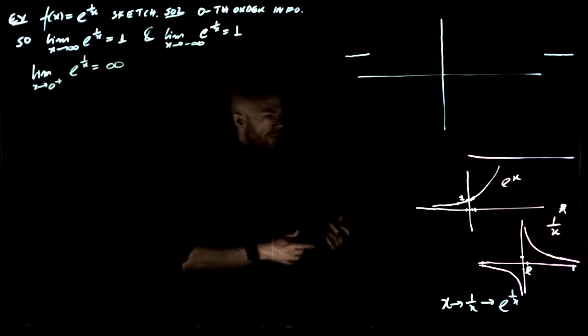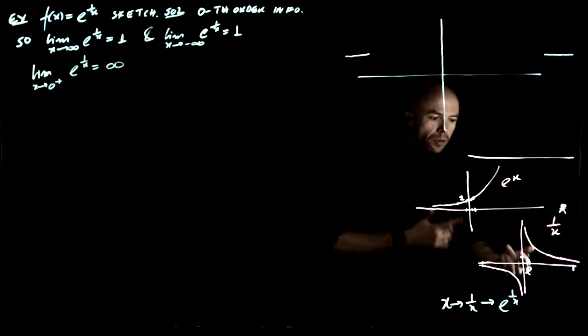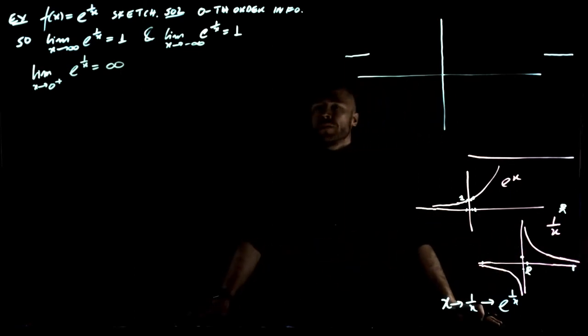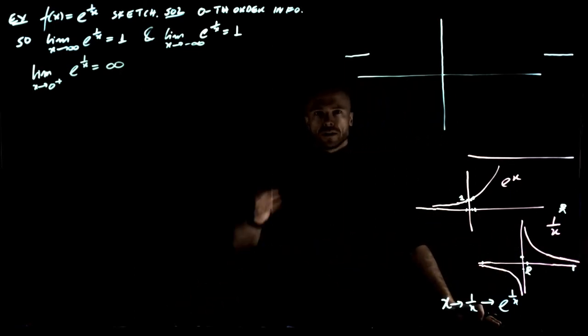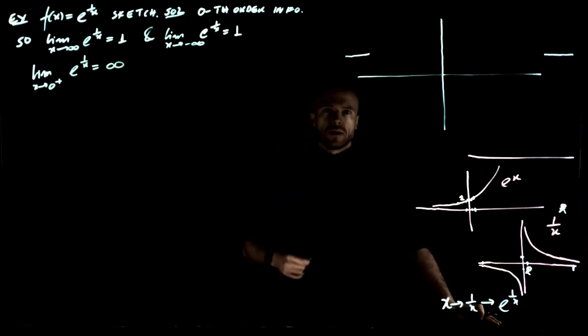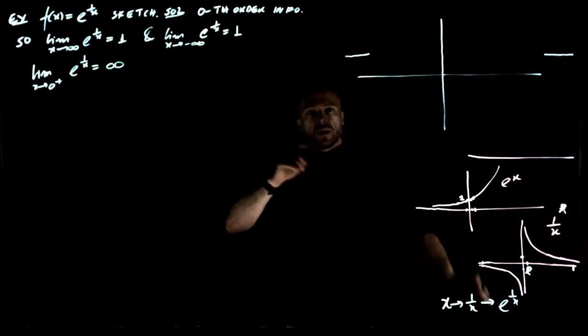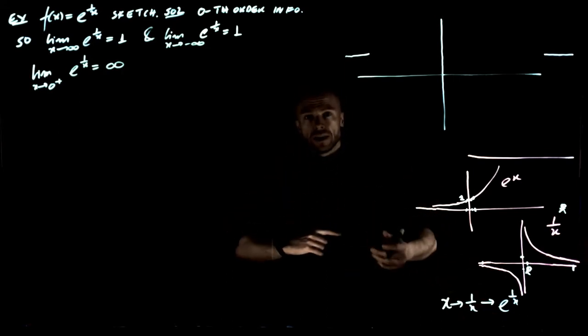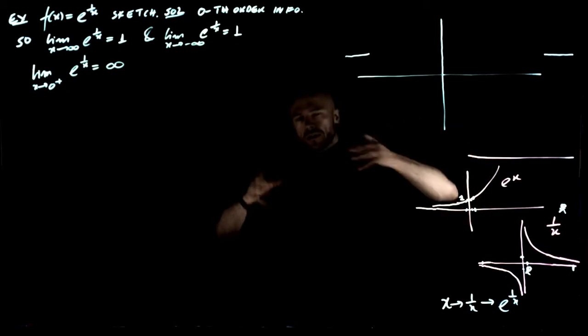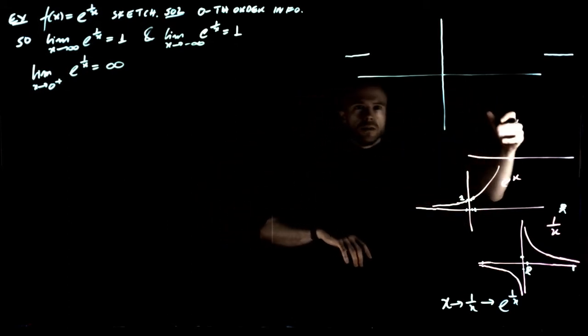And again, if you're not quite comfortable with this, just put in some numbers. Take your favorite small positive number, like x is 1 over 1,000. Then 1 over 1,000, when we apply 1 over x to it, becomes 1,000. And then we put 1,000 into e, it becomes e to 1,000. It's a huge number.